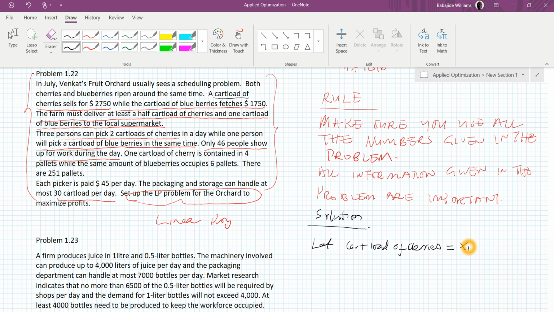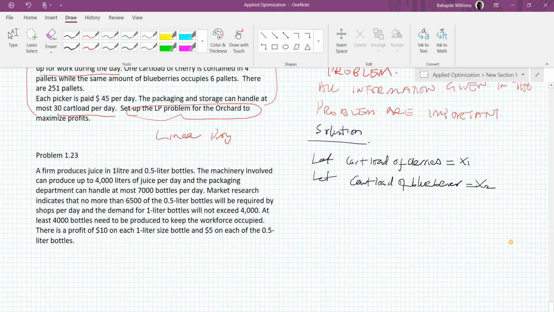In other words, how many cartloads would I need to deliver in a day to maximize my profit? That's what the question is asking. So let the cartload of blueberries equal x2, right? Okay, and let's move on.